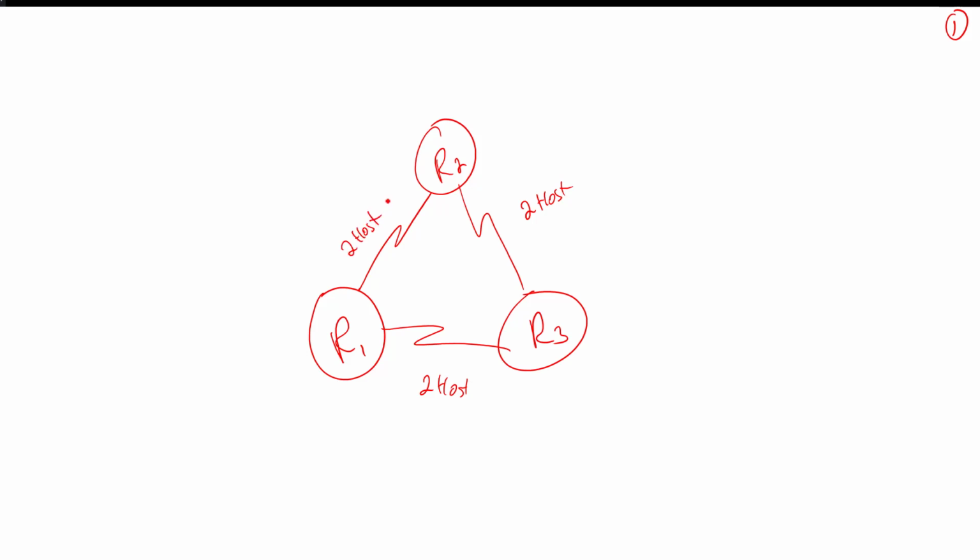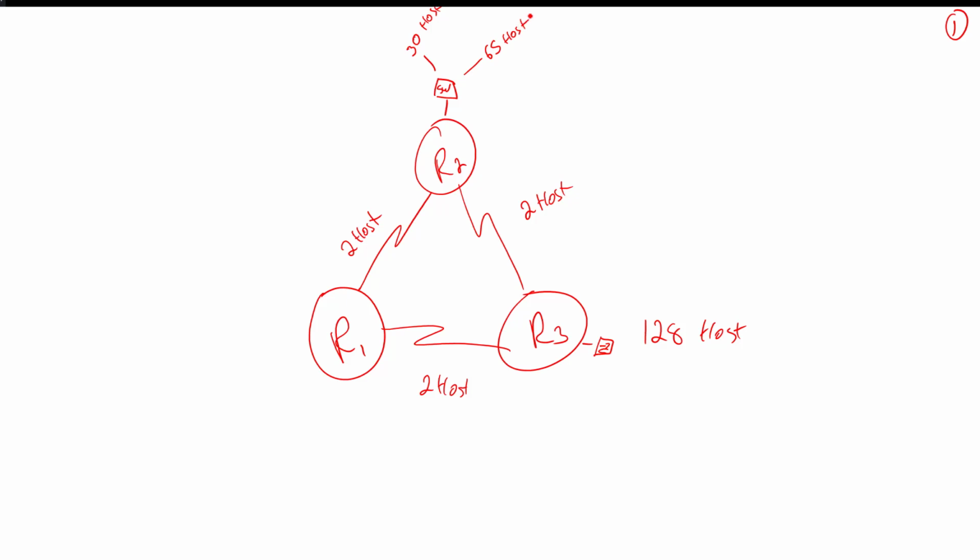On our branch locations, R2 and R3, let's assume they're connected to a switch. And let's assume maybe 128 hosts. R2 has 2 networks, one with 30 hosts and one with 65 hosts.